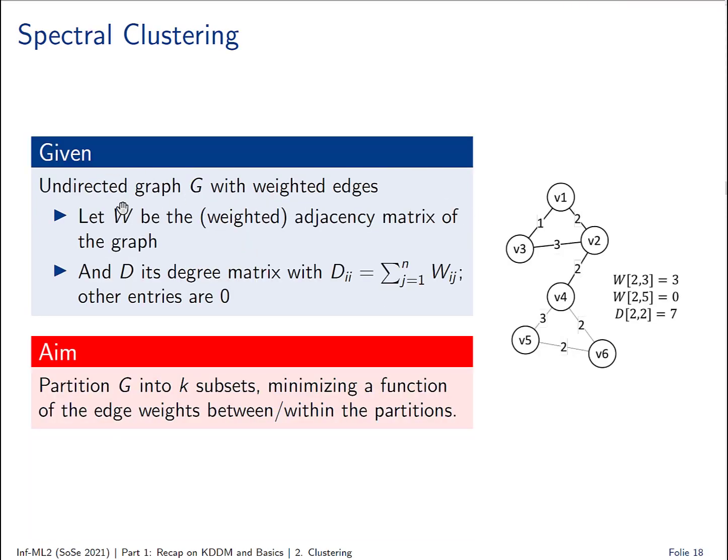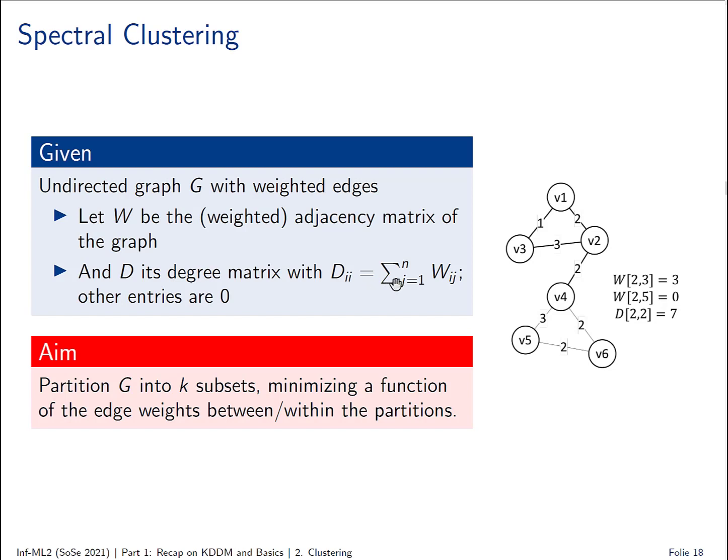So spectral clustering is about, given an undirected graph with weighted edges, we have the weighted adjacency matrix of the graph, which is W. We also compute the so-called degree matrix, which is this one here, a diagonal matrix.